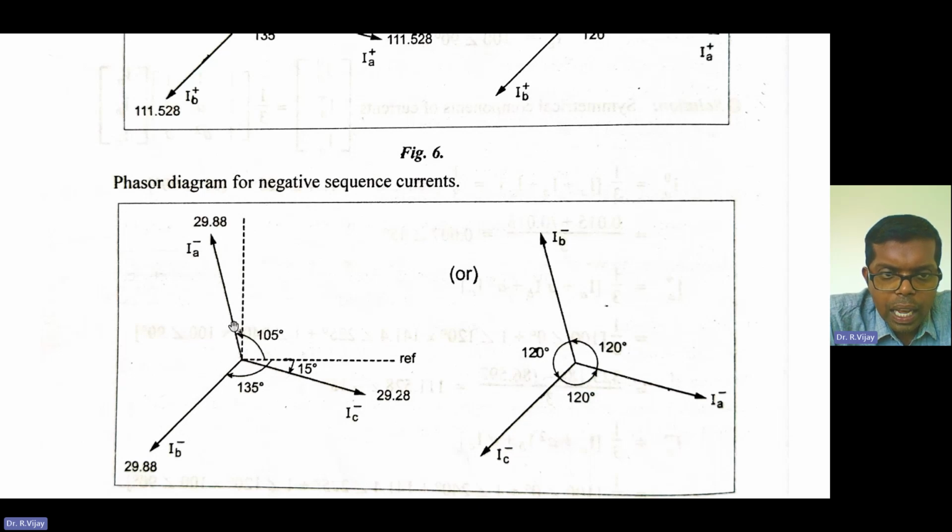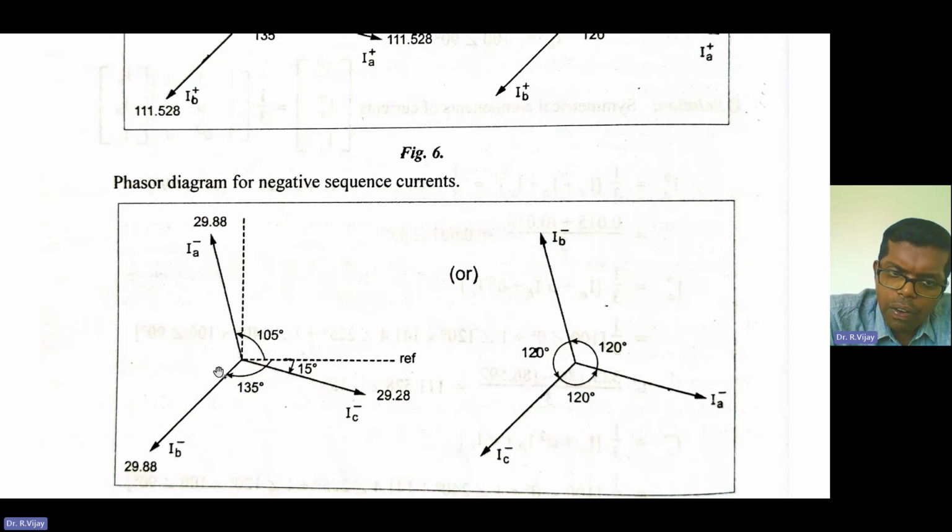If you measure IA negative and IC negative, here also 120 degrees. So you need to carefully observe the phase angle between IA negative, IB negative and IC negative. With this, if you subtract, automatically you verify your answer. 135 minus 15 is 120 degrees. Next, 105 plus 15 is 120 degrees.